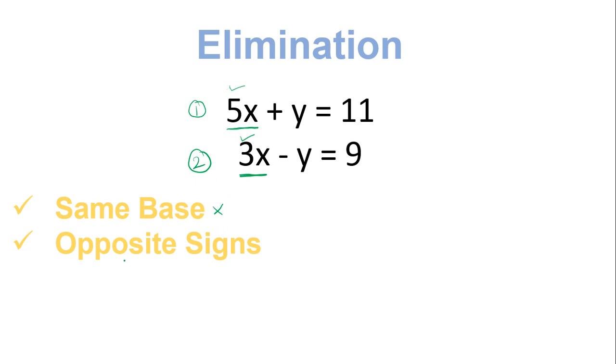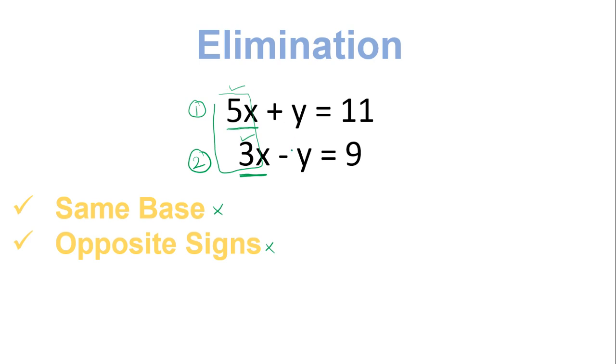And when I'm checking for opposite signs, if this one is a positive 5x, the other one is supposed to be a negative 3x or negative 5x, considering the bases should be the same. But here there is a 5x and a 3x, both of them positive, which means the signs are not opposite. So the second condition is also not satisfied if I am working with the x's.